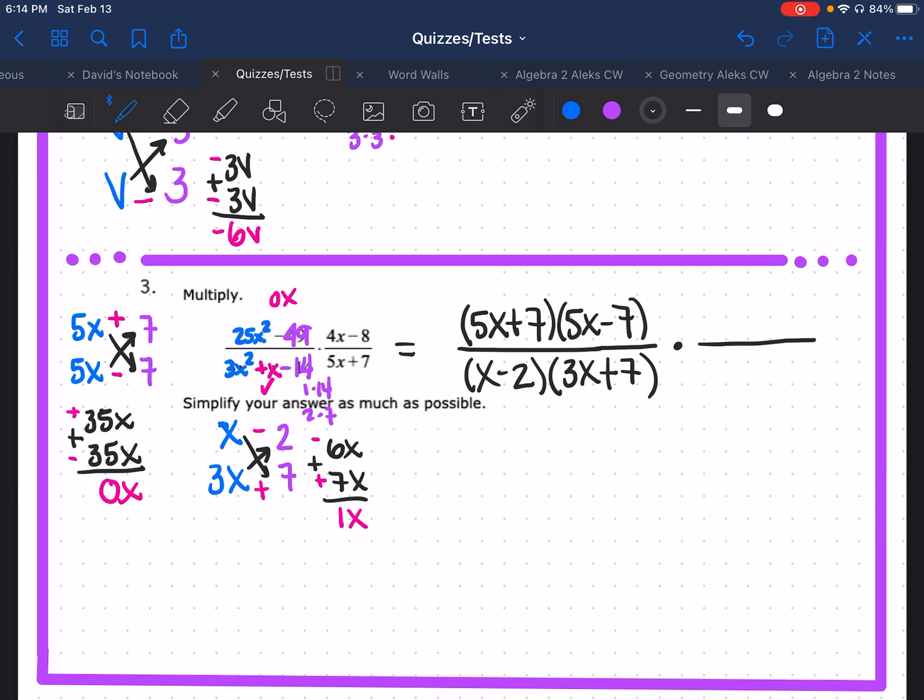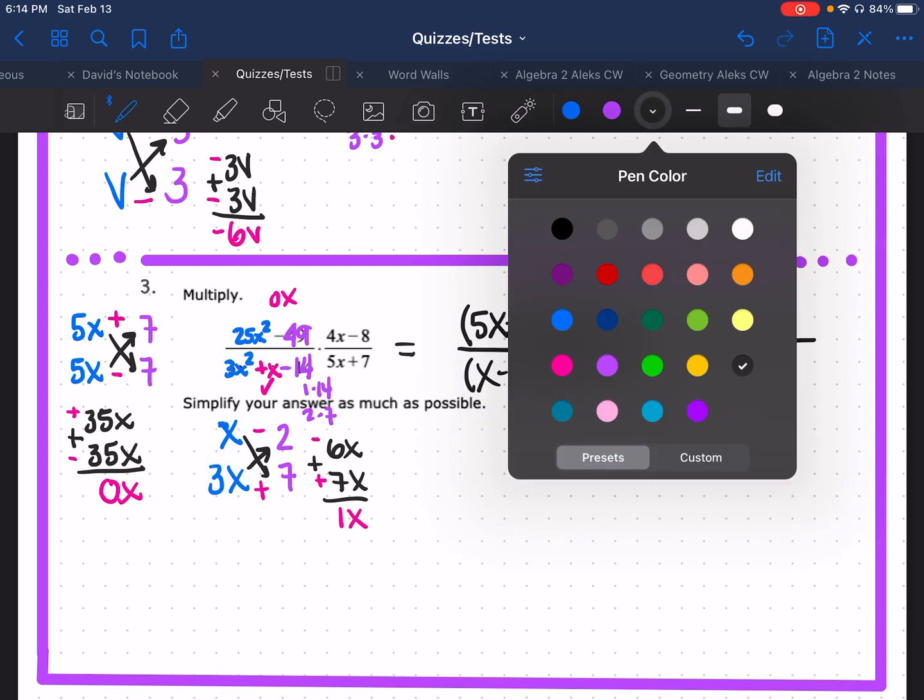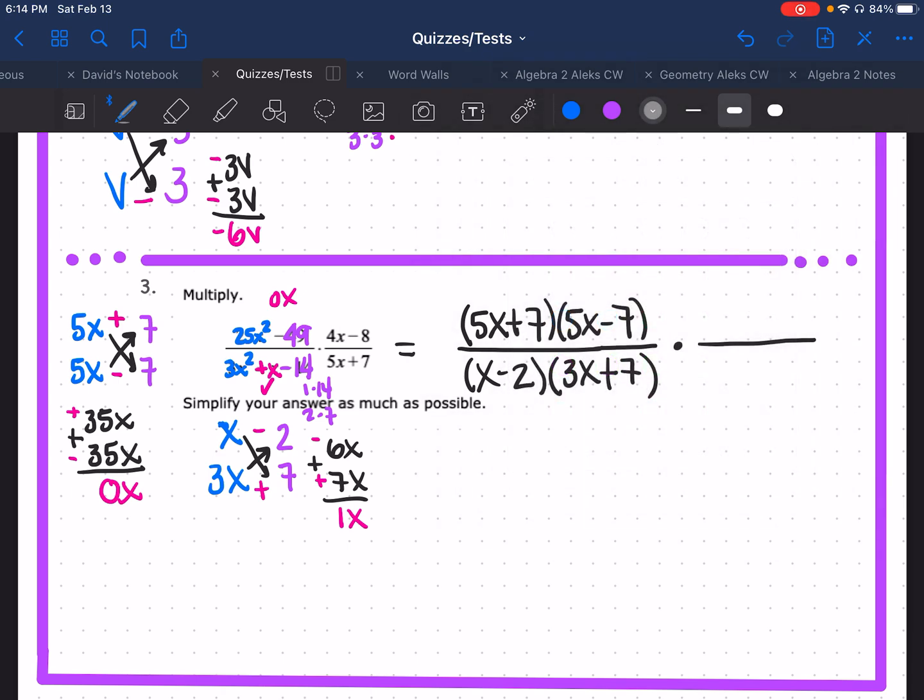What I'm noticing is that the numerator of my second rational expression, they're both even. 4 and 8 are both even, so I can go ahead and take a 2. Now I might be able to take more than one 2, so I'm going to think about 4 as being 2 times 2 times x, and I'm going to think about 8 as being 2 times 2 times 2, right? 2 times 2 is 4, times 2 is 8.